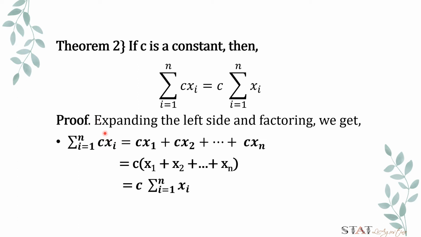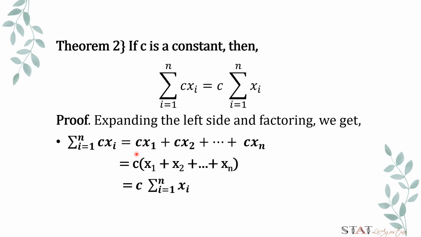So let's use expanding the left side and factoring. Let's prove that we can arrive here to show that this theorem is really true. The summation of c xi, where i ranges from 1 to n, is equal to c x1 plus c x2 plus ellipsis plus c xn.